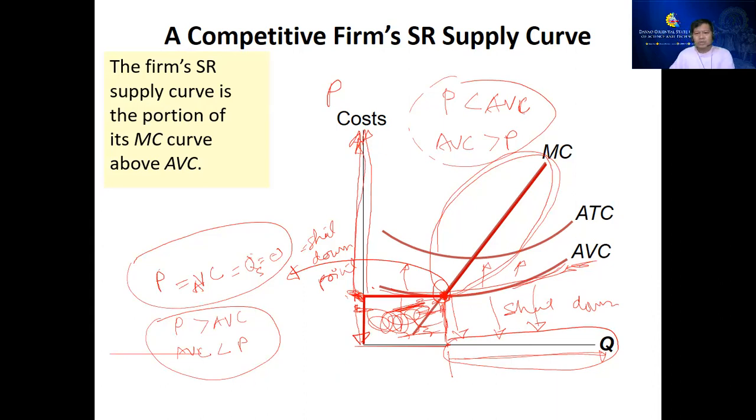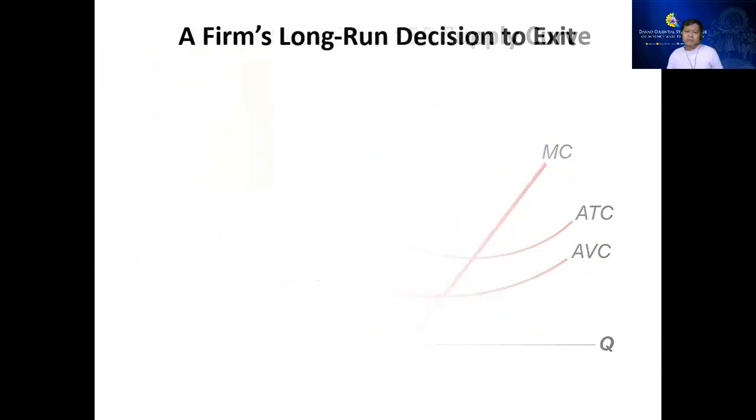Hinaut nga makasabot po sa pag-interpret. Okay? So, klaro, that the shutdown point is the price equals average variable cost, ug ang ginansya nga point is the price is greater than average variable cost, or the average variable cost is less than the price. Ginansyado ta diha. That is at least in the short run.